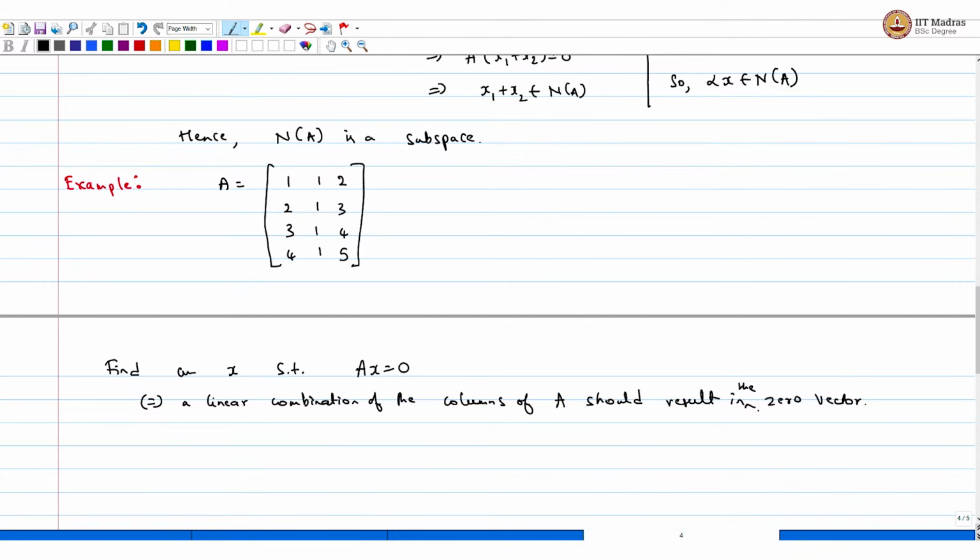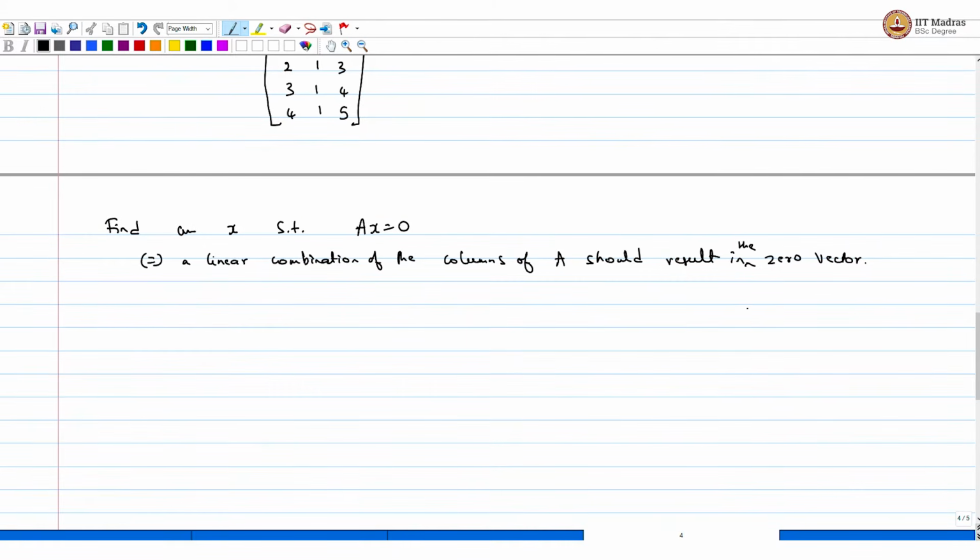Now what would be a valid linear combination? We know that column 1 plus column 2 is column 3. So if I add up the first two columns and subtract the third column, I would get the 0 vector.